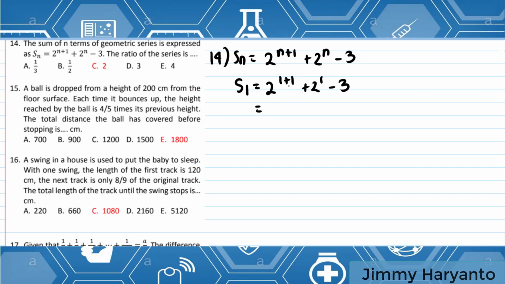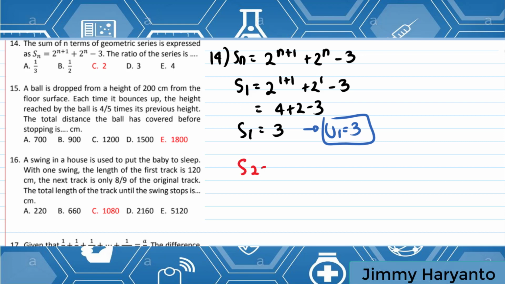It will become 4 plus 2 minus 3 equals 3. So I have S1 equals 3. S1 means U1 still. And then I have to find S2. Now for S2 you have to put 2 into n plus 2 to the power of 2 minus 3. The result is 2 to the power of 3, 8 plus 4 minus 3 equals 12 minus 3, 9.